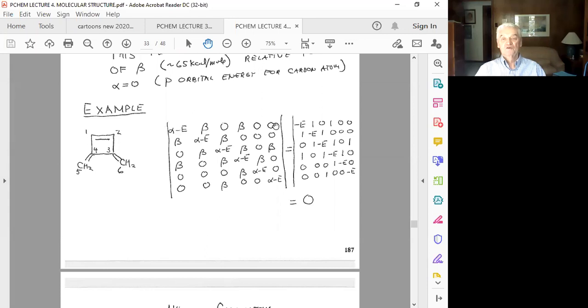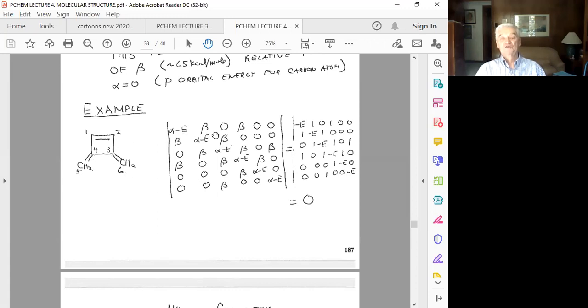The first row refers to carbon atom 1, and each column also refers to a particular carbon atom. So the first element refers to carbon atom 1, both as a row and a column. H12 represents the interaction between atoms 1 and 2, so we write this as a beta unit.